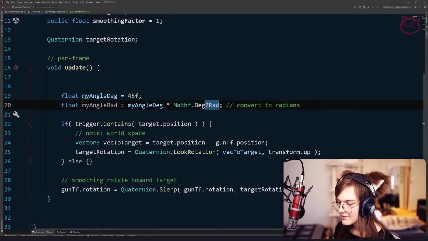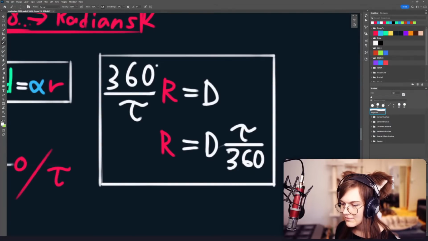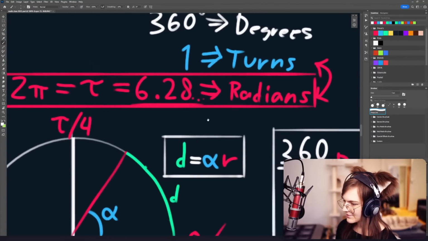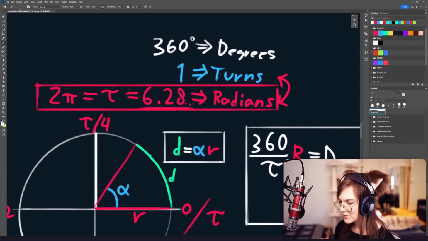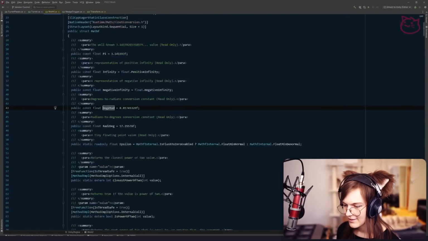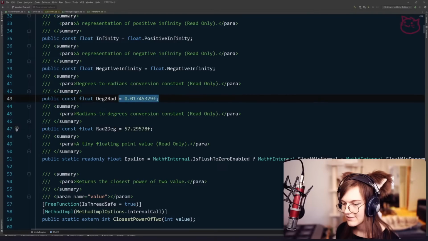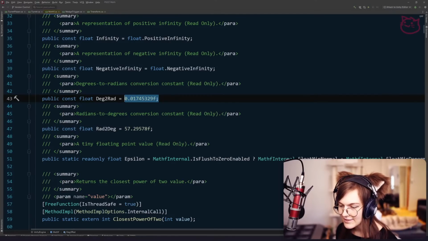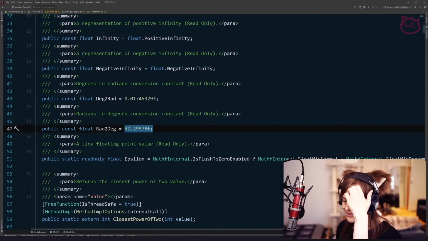These two, degrees to radians and radians to degrees, are the same values you have for these two. And again, remember, tau is just a number, a number with a lot of decimals. We just use tau as a substitute because it makes it easier to talk about these angles, right? And if I look at this degrees to radians, we can just go to the code, and here we see the conversion factor: degrees to radians is tau divided by 360, and this is 360 divided by tau.